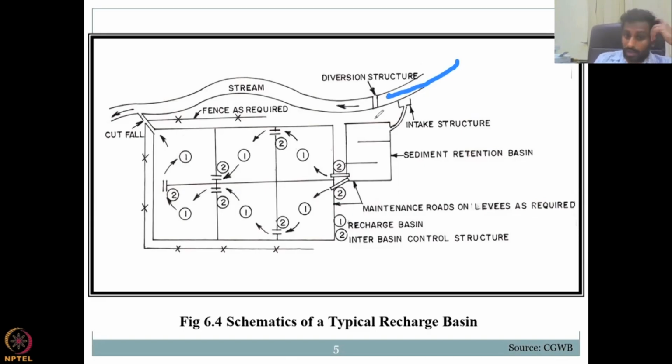Look at how much they have to do for a recharge basin compared to a flood recharge and a ditch recharge. The ditch is just digging. You can use a JCB. There is sedimentation happening, and to cover those negative impacts, this kind of method is done. Let me go back and show quickly.